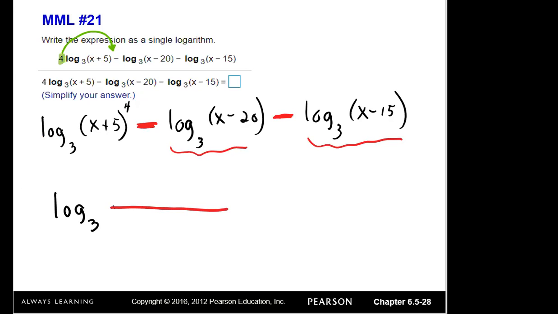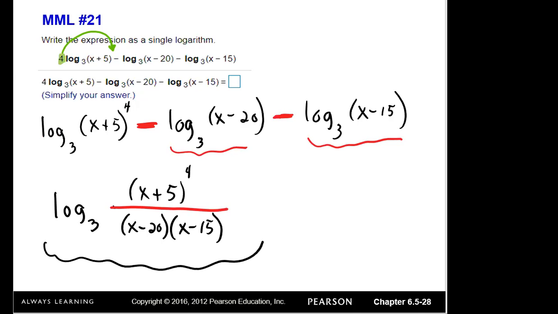Above it will be the x plus 5 to the 4th, and below it will be both the x minus 20 and the x minus 15. If there was any way to reduce that, I would, but there isn't, and it's ugly, but that's my answer. Have fun typing that into MyMathLab.